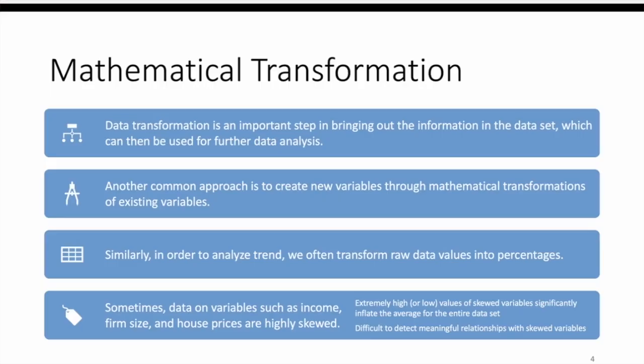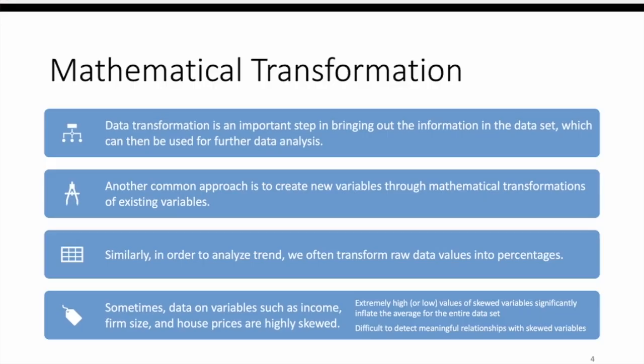As we said, if you have height and weight, we don't want height and weight. We want to calculate the body mass index by dividing the weight by the square of the height in meters, because we want to focus on the body mass index. Then we can analyze the trend, or we can transform some values to percentages because it gives you more information.